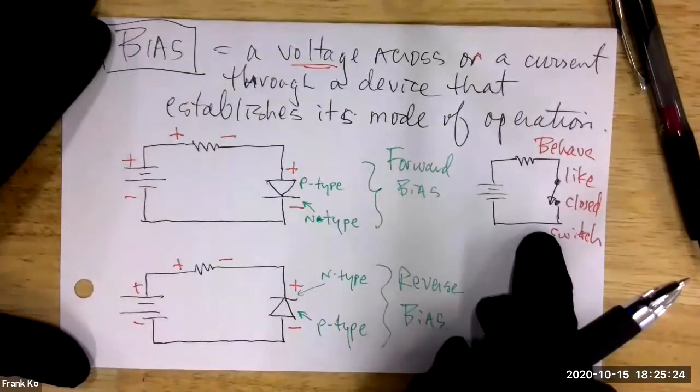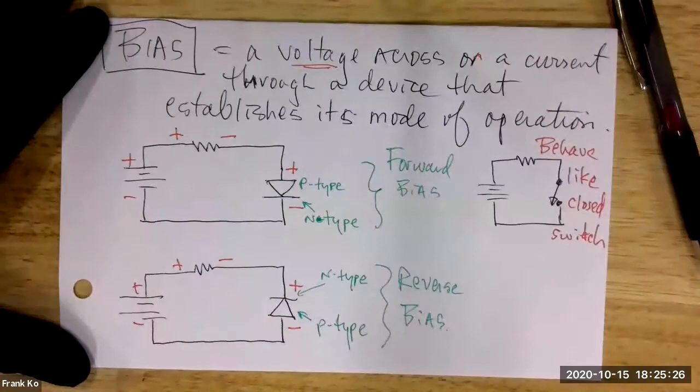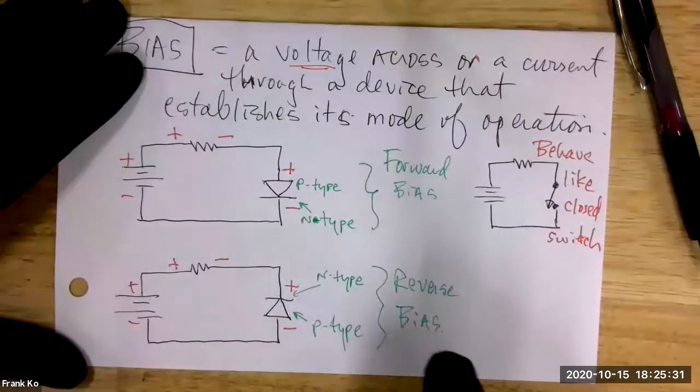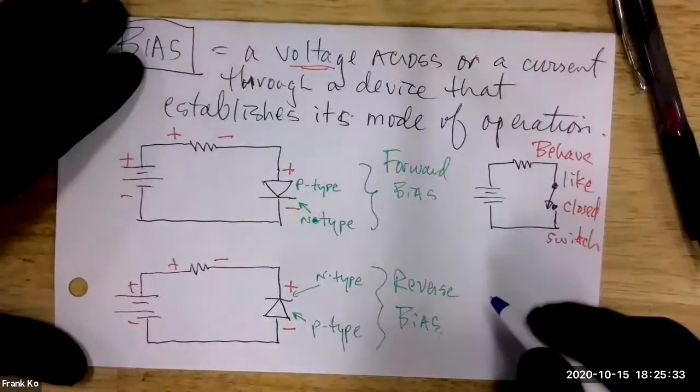And when it's a closed switch, can current flow, yes or no? Yes. Current can flow.